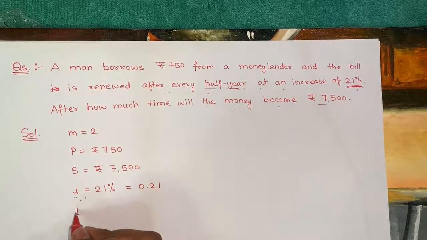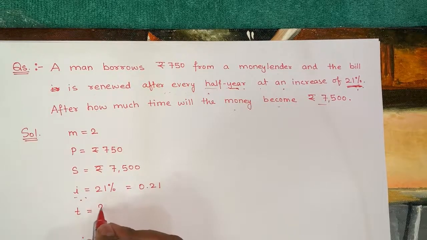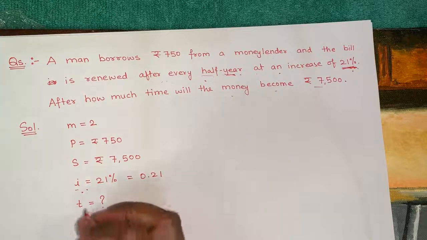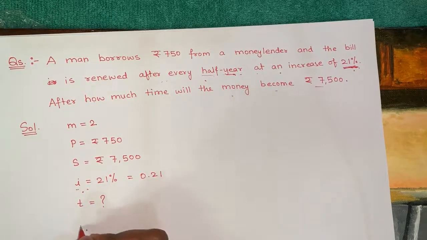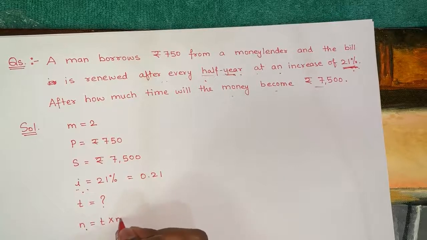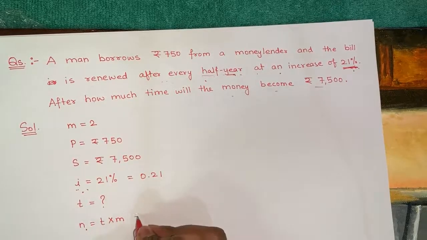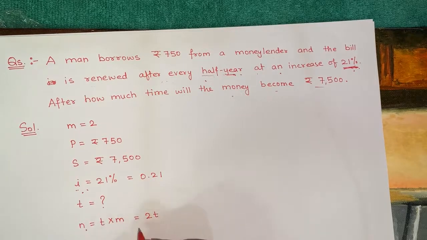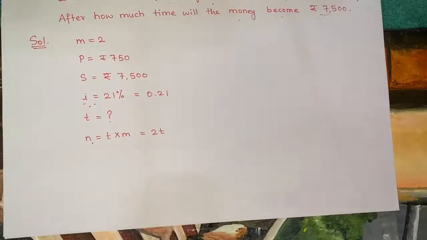Here we need to calculate our T. T is not known to us, because we need to calculate the time T. Now we all know that N is equal to T multiplied by M. Since we do not know the T, we let it be T, so this becomes 2T. My N equals 2T.